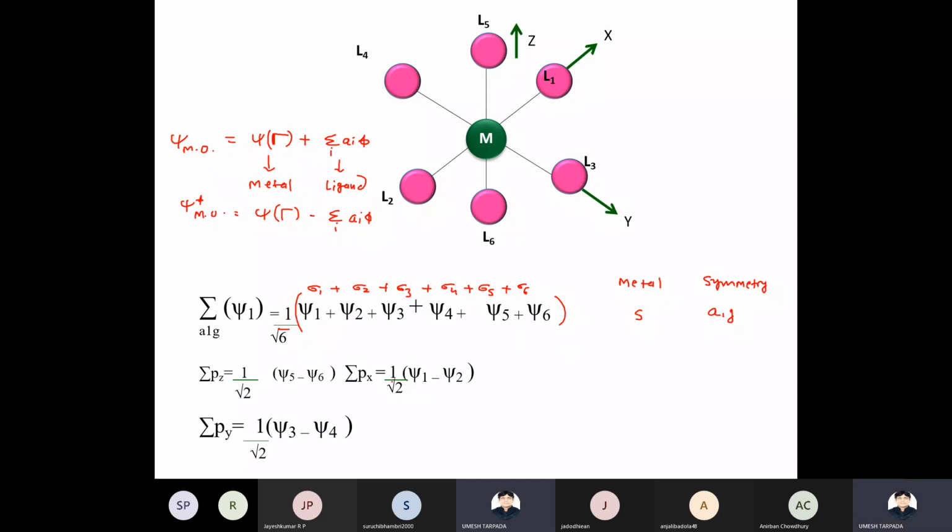Now for Px, Py and Pz. For the Px, Py and Pz orbitals, you have a T2G set. How do they overlap? How can the ligand orbitals correspond to Px, Py and Pz?